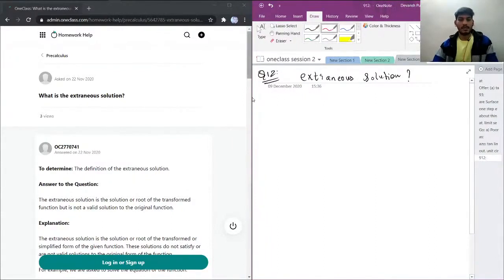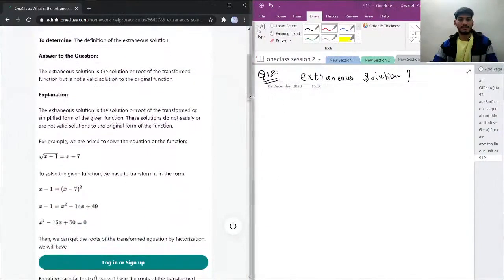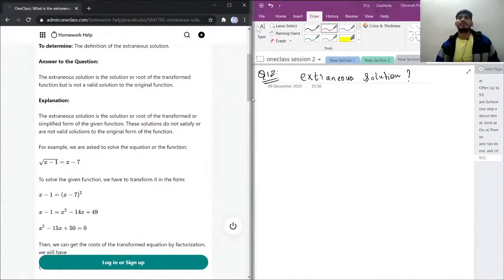So I'll just tell you the basic definition of an extraneous solution. Whenever we have the roots of any equation and we transform that equation, suppose we have an equation f of x, then the domain of x is going to be a different domain.